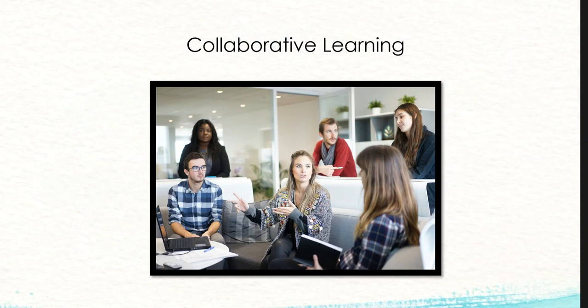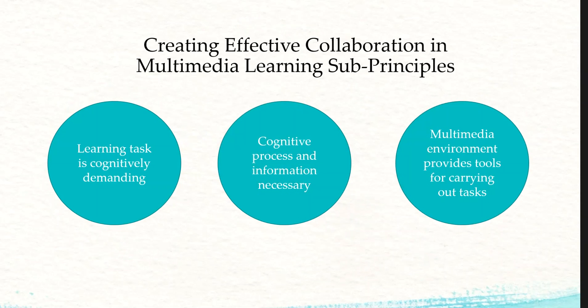So with collaborative learning, there are three sub-principles that we're going to focus on today. An overview of those is learning tasks, and if they're cognitively demanding enough to require collaboration, and thus making that collective working memory have to overwork. The second one being cognitive processes and how information necessary for learning is effectively and efficiently shared among those group members.